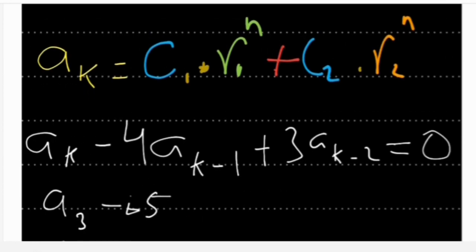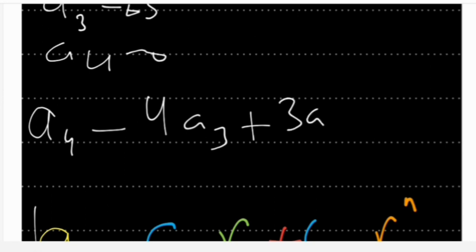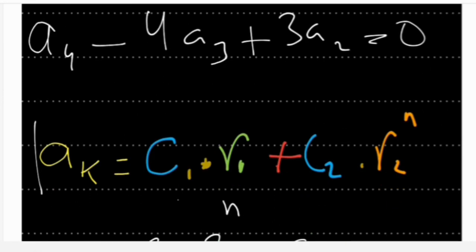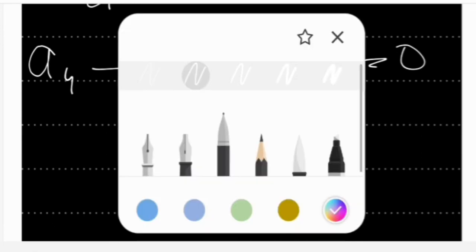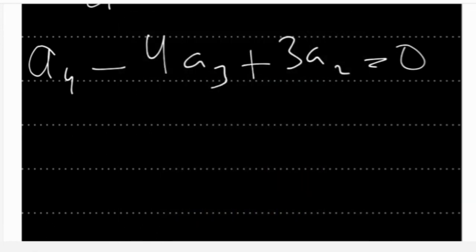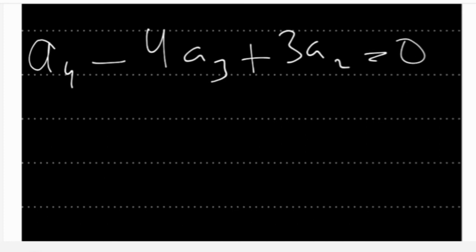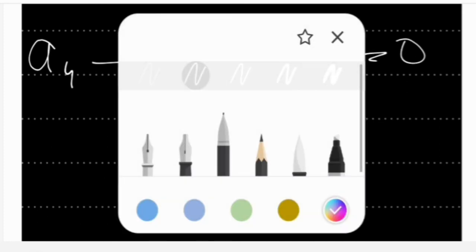So a4, what would it be? Now look, a4 minus 4a3 plus 3a2 must be equal to 0, right? It will give the same answer, but it is better to use 4 and 3 just to make sure, because in other questions maybe it was just a chance.